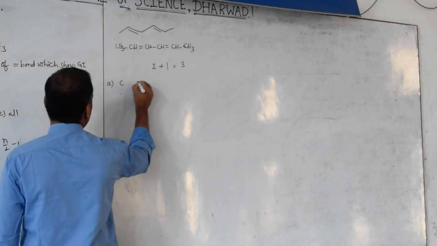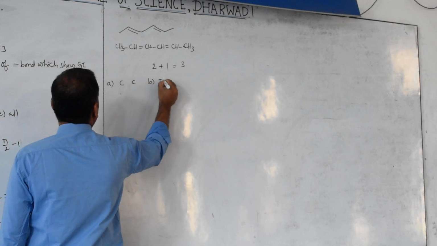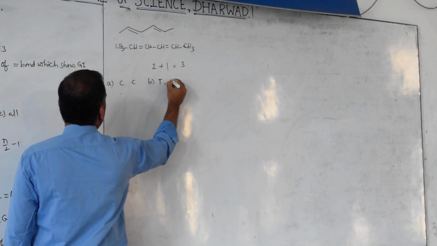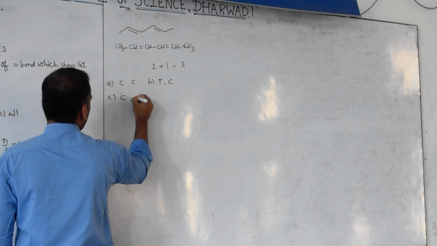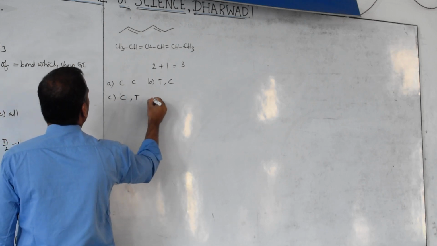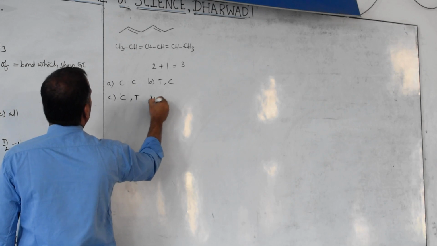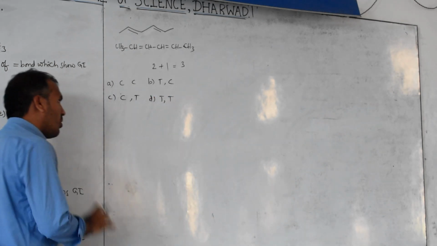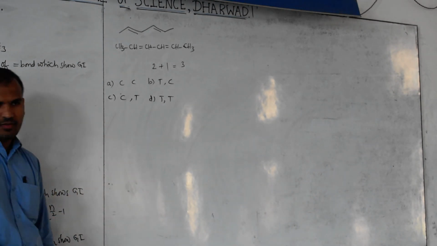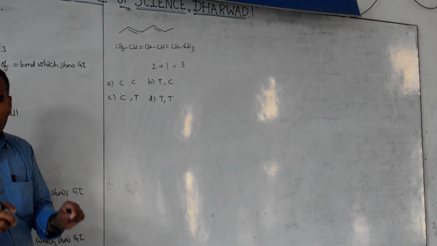One is cis, cis, B is trans, trans, C is cis, trans, okay, and trans. In that, which options are correct?